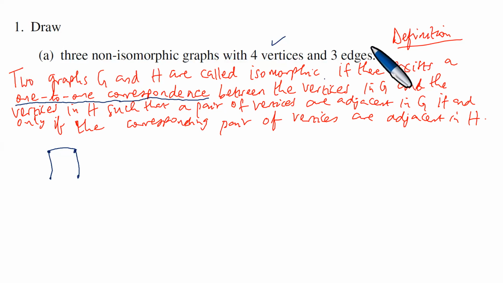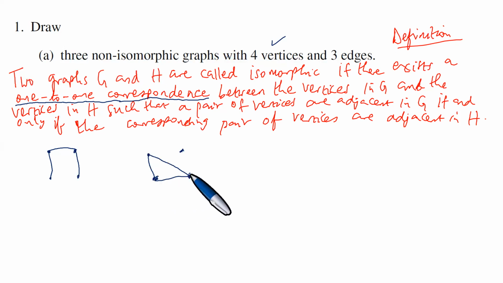Now, we need non-isomorphic graphs. The non-isomorphism is suggested by the degrees of the corresponding vertices. So we can also draw 4 vertices, and then draw 3 edges: one edge, a second edge, and a third edge.